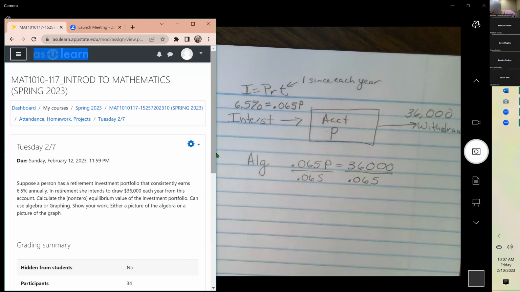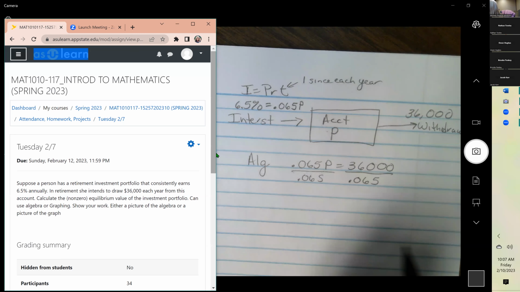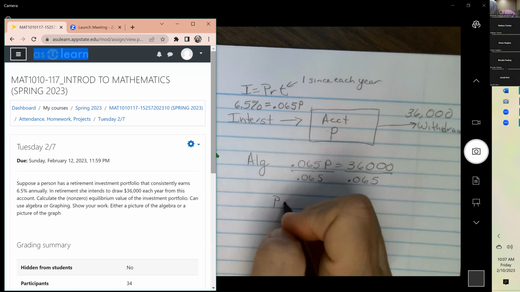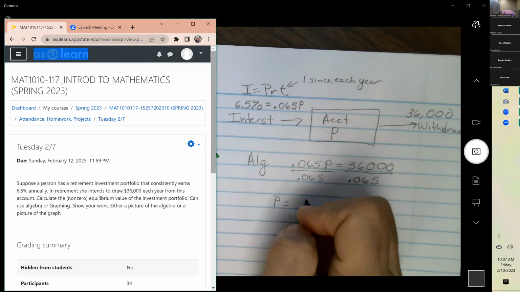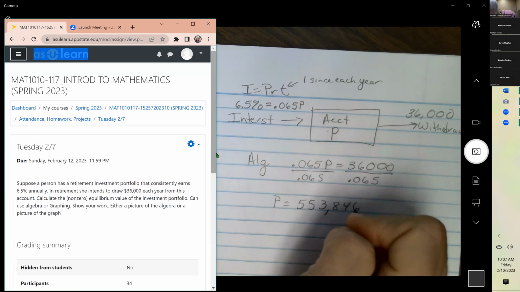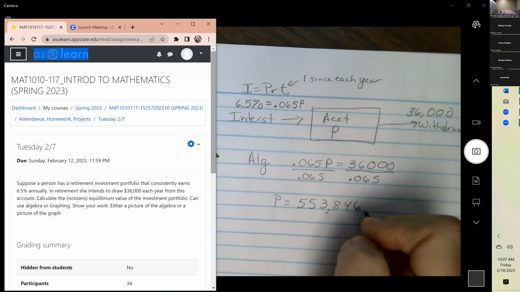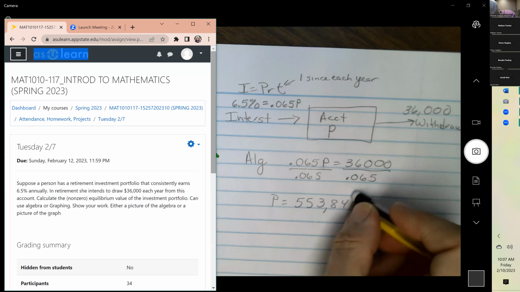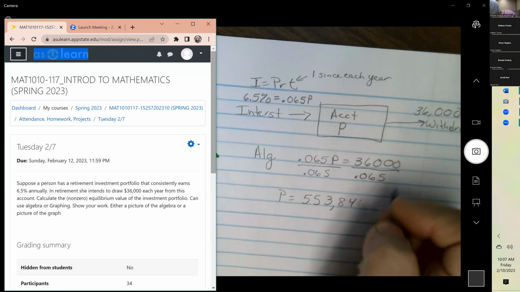You're getting 553,000 and some. Definitely keep that full value, because that's what goes wrong.